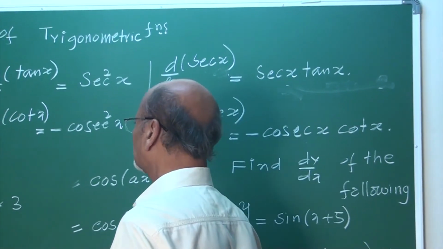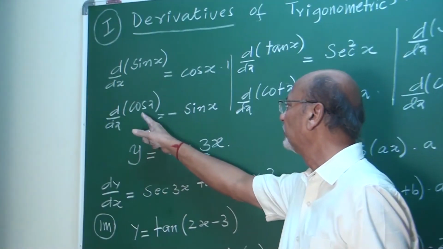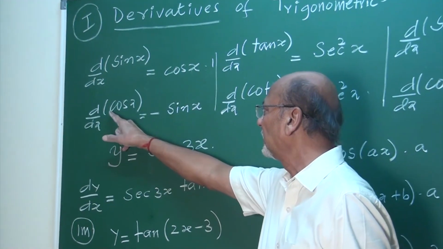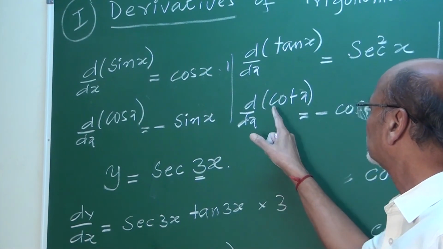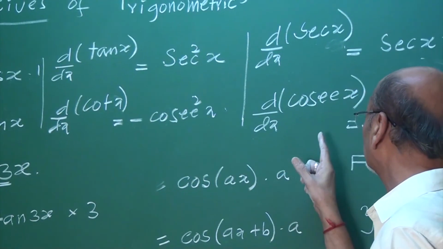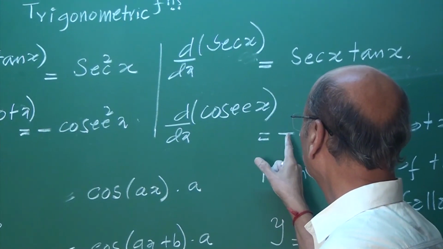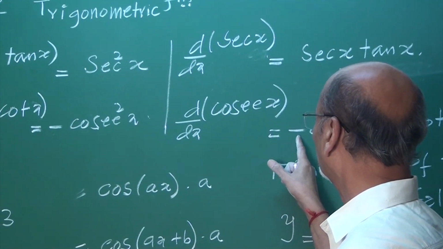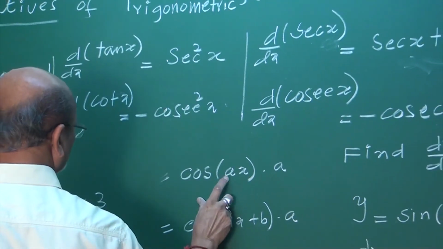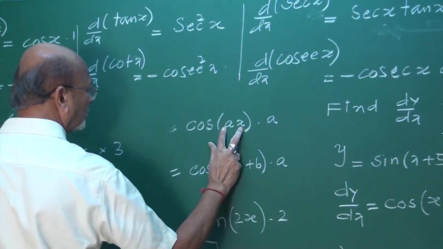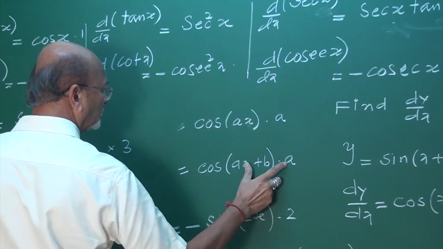My friends, once again I will repeat: the derivative of any trigonometric function starting with the letter C has a minus sign. Derivative is negative. If the angle is other than x, write its derivative, otherwise the coefficient.